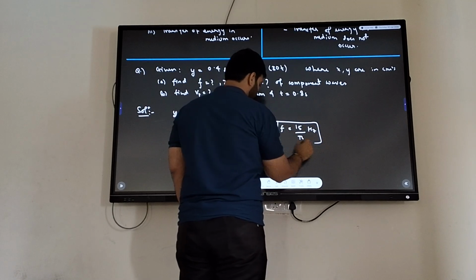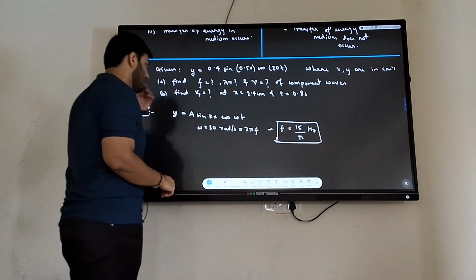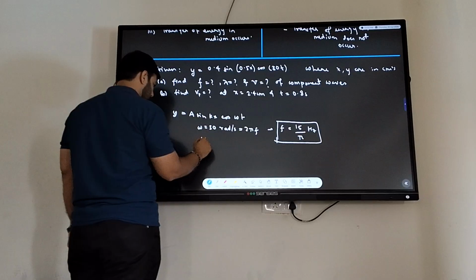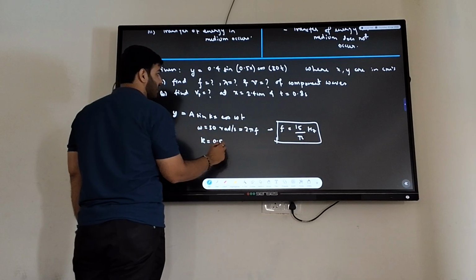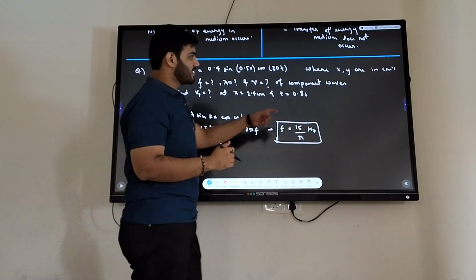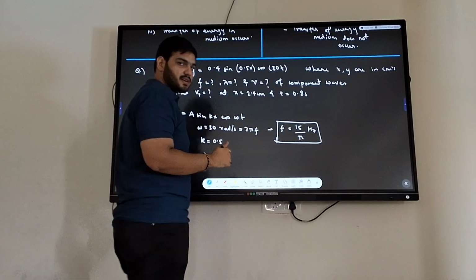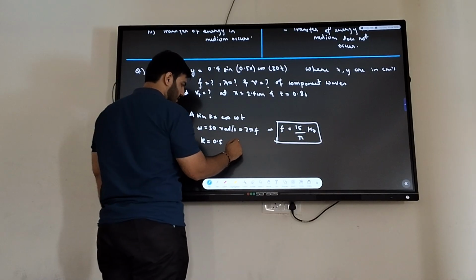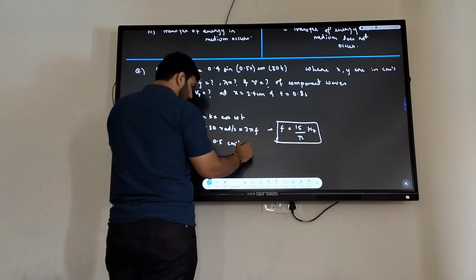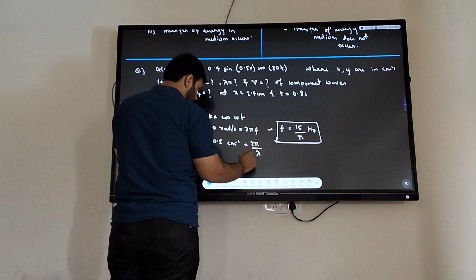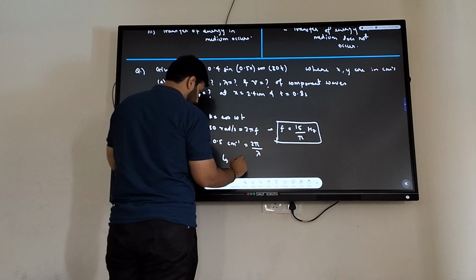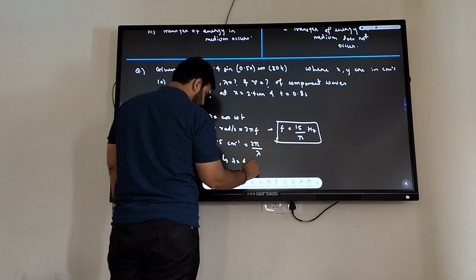This is very simple. And I think k is also given. K is given to be 0.5. X is in terms of centimeter, then k will be in terms of inverse centimeter. And that is equal to 2 pi by lambda. Then what is lambda equal to? 4 pi centimeters.